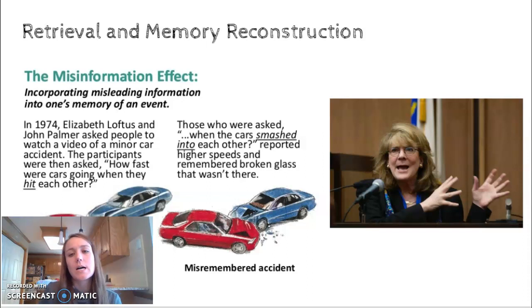People who heard "smashed" described glass on the ground, described the cars going faster, and remembered it as slightly more intense than those who heard "hit". And so she showed that a little bit of different information can change the way someone remembers the event.